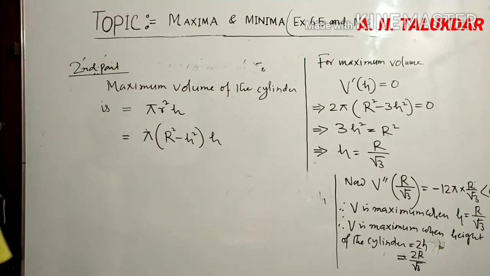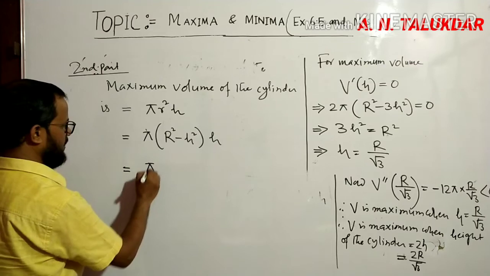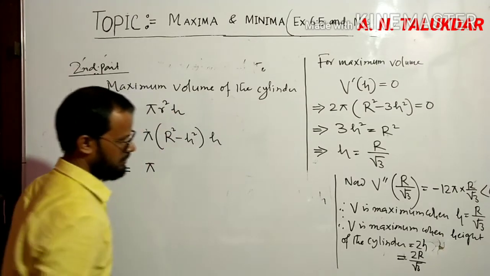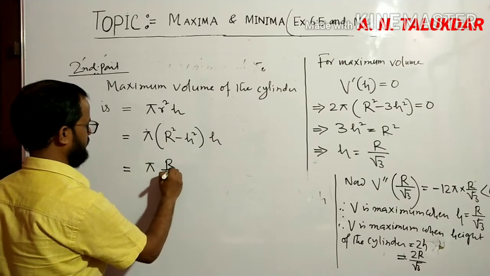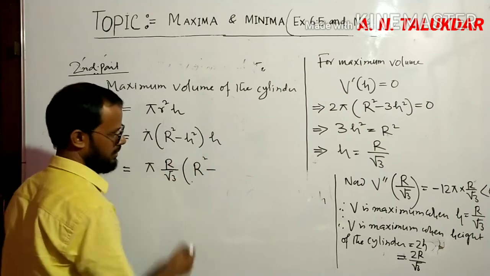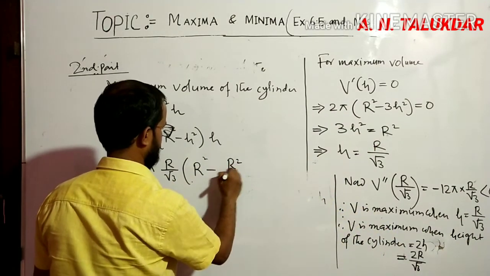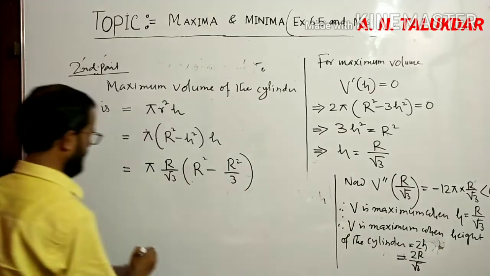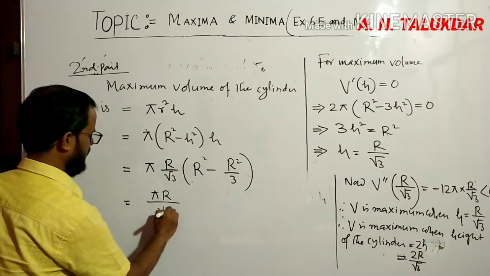Now put in the value of h here. Pi, the value of h is R by root 3, and this is R squared, and h squared is R squared by 3, and finally pi R by root 3.